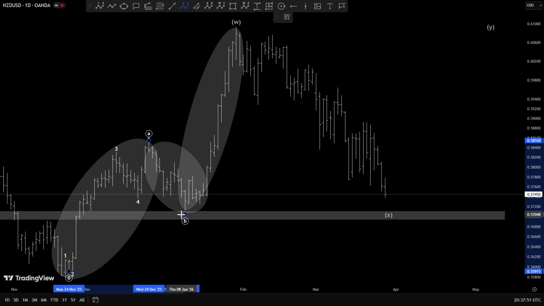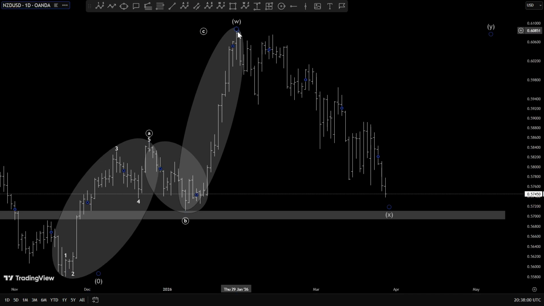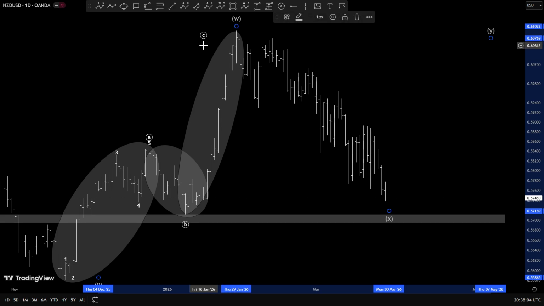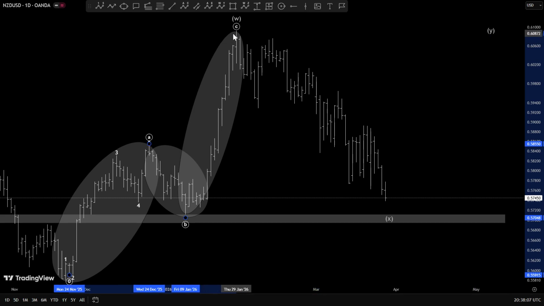This is wave B, and after the wave B, we have 1, 2, 3, 4, and 5 again, which gives us confirmation of the completion of wave C.